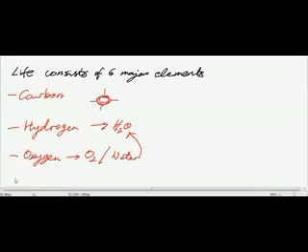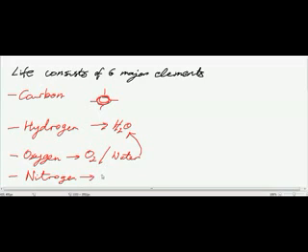Number 3 is nitrogen. Nitrogen is important because it is actually the building block of all amino acids, and amino acids are the building blocks of proteins which build organisms.